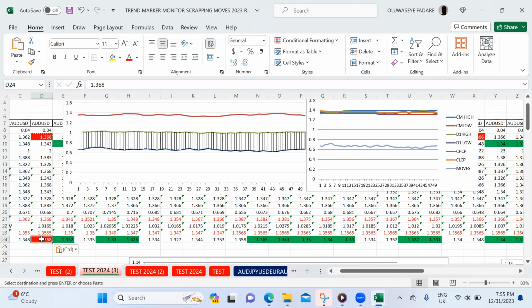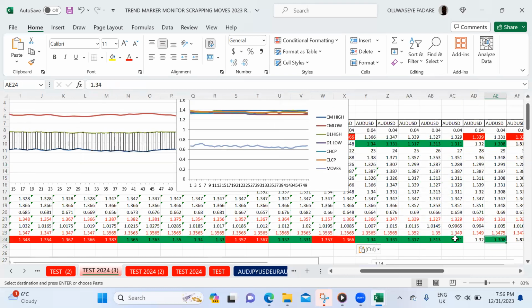So we fill in all the white spaces. Fill in all the white spaces with the red.